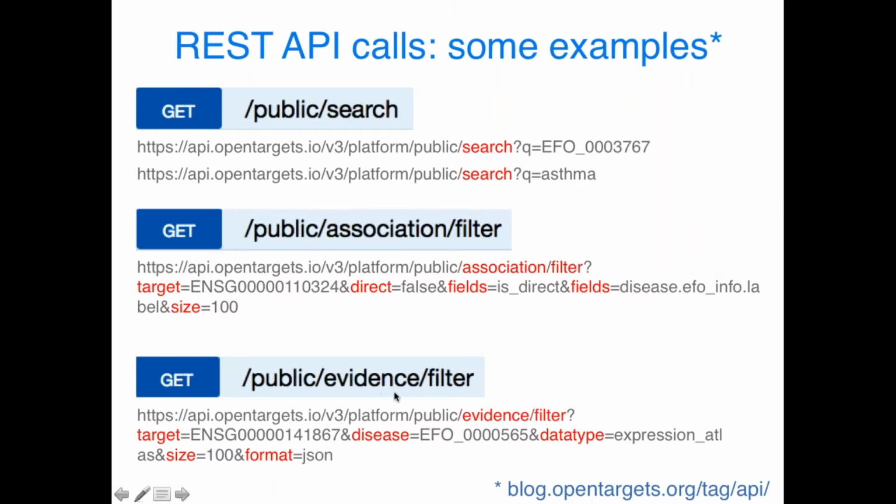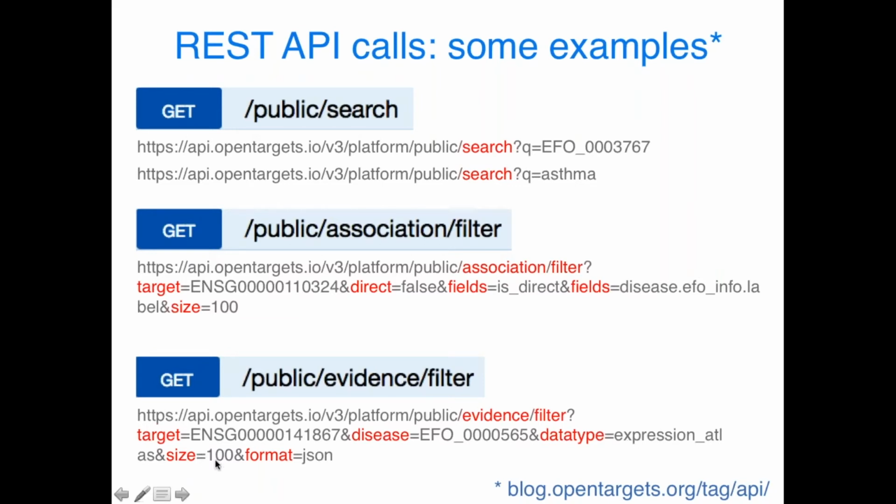We also have this example of an evidence endpoint, again with filters that you can pick and choose to get what you want from this call. Here I'm interested in getting the evidence for this gene associated with that disease, and the evidence I'm interested in is just the one coming from the Expression Atlas resource here, the EBI.